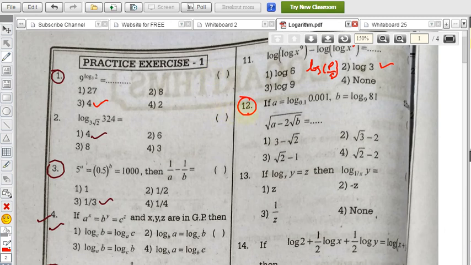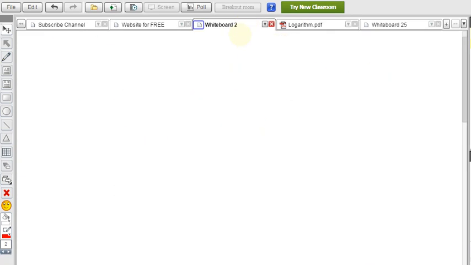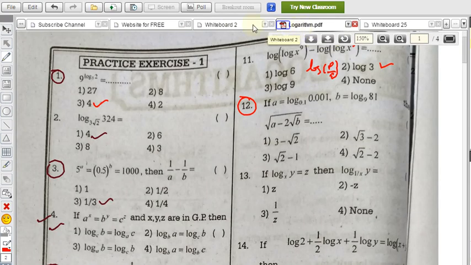If a is equal to log 0.001 to the base 0.1, and b is equal to this, then root of a minus 2 root b is dash. Let me take the board and solve. This is the 12th sum. The 11th is just applying the formula. A value is given, b value is given.